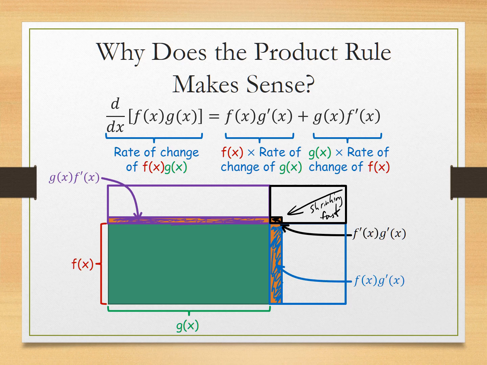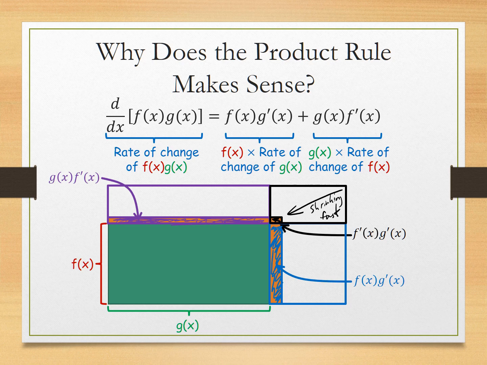These two parts are shrinking proportionate to the change in the length and the height. If the height goes down by a third, these areas go down by a third. If the height goes down by a sixth, this goes down by a sixth. They're going down proportional to the rate of change of the height and width.